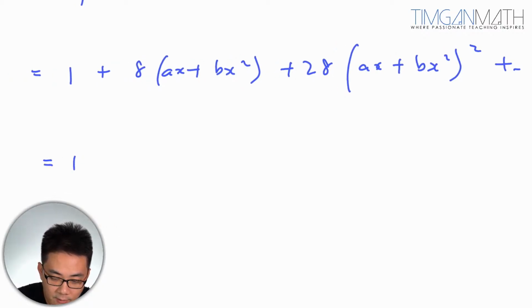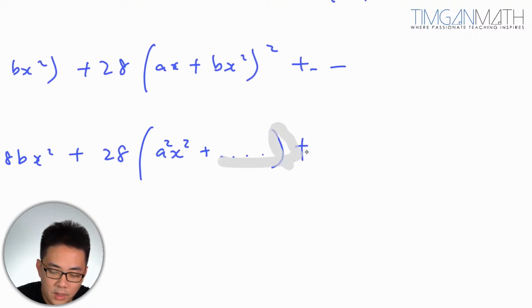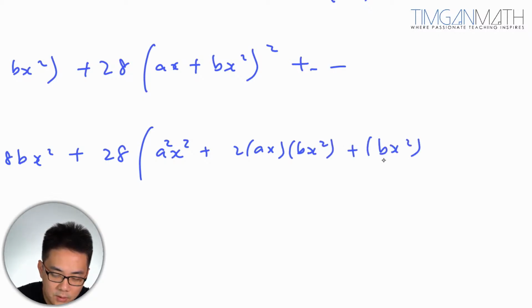Now once this is done, we could just expand this slowly. So we have the term here, ax plus 8bx squared plus 28 times a squared x squared, plus dot dot. I'm going to ignore the x cubed, because we don't really need the x cubed in between. The ax cubed expansion here will be x cubed, and after which this will just be a power 4.